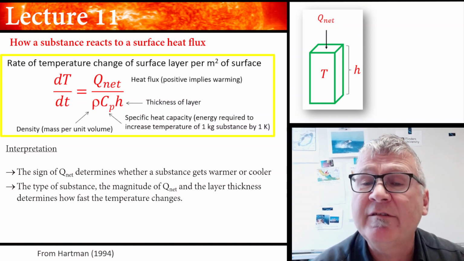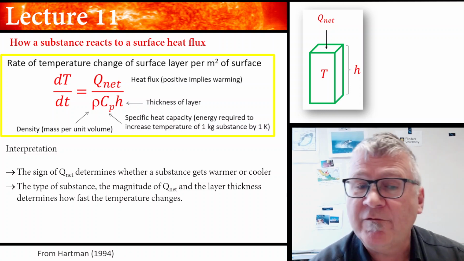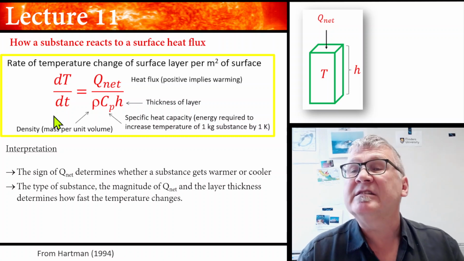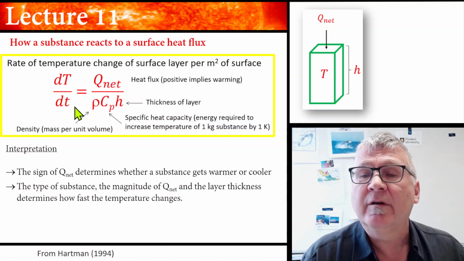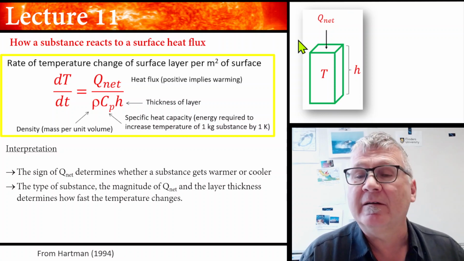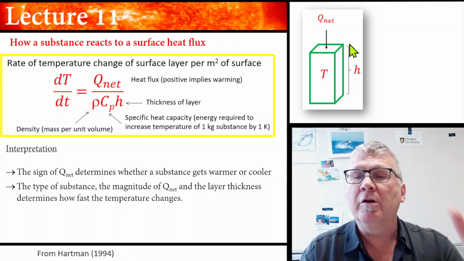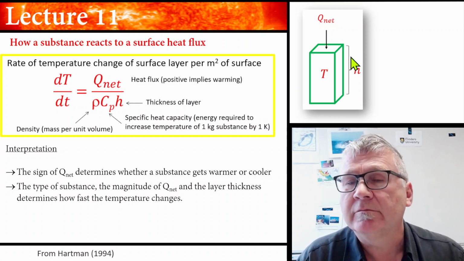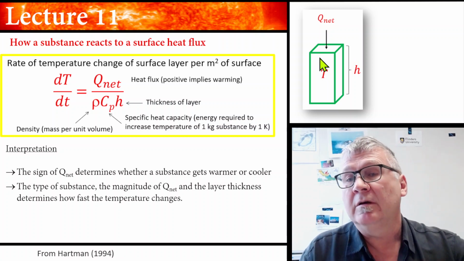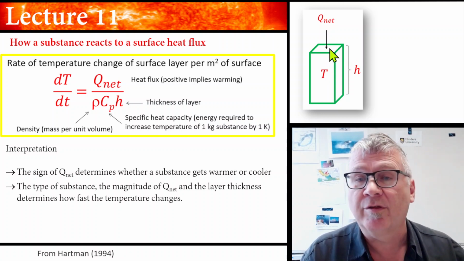What's written on the left-hand side is the temperature of a material that has a square meter surface and has a depth that we call H, shown here. So this is what we're talking about: the temperature of a block of material. It can be ocean, seawater, or soil. We're looking at surfaces on Earth.